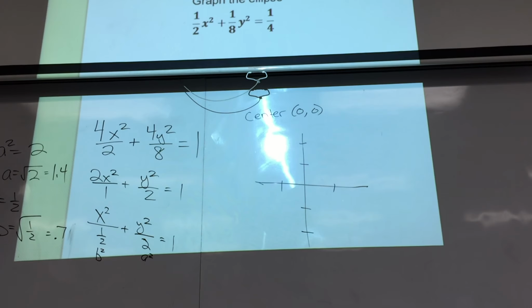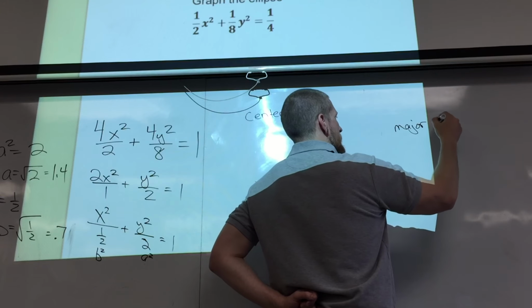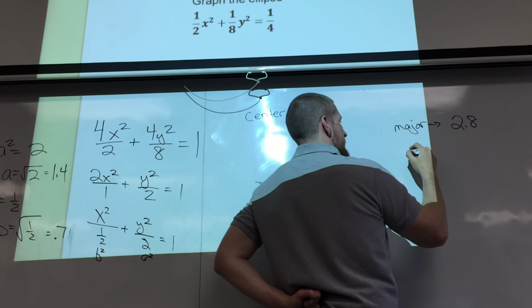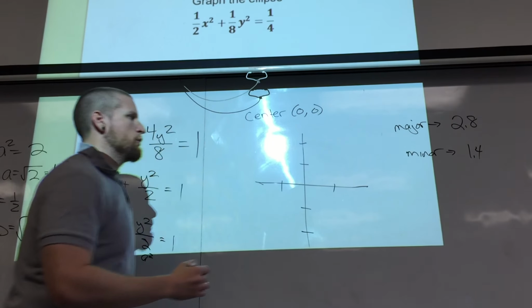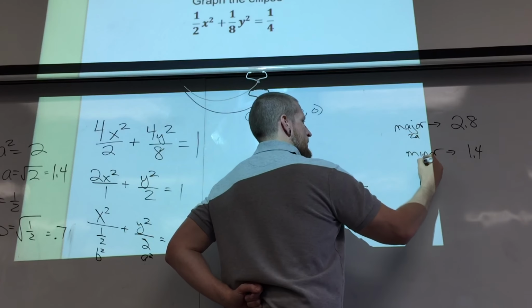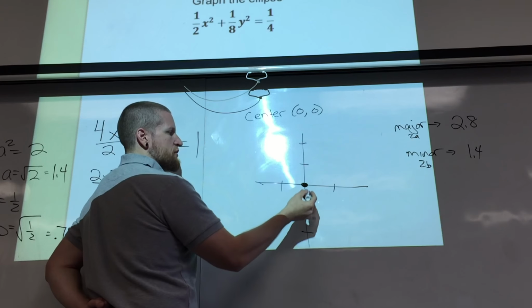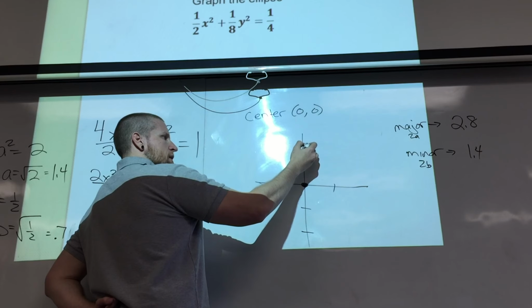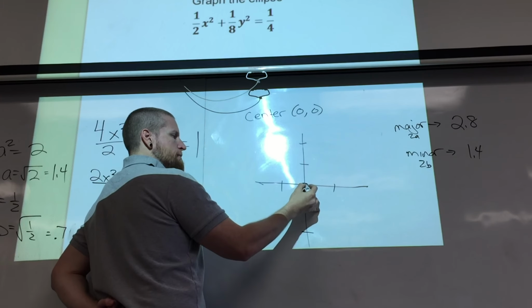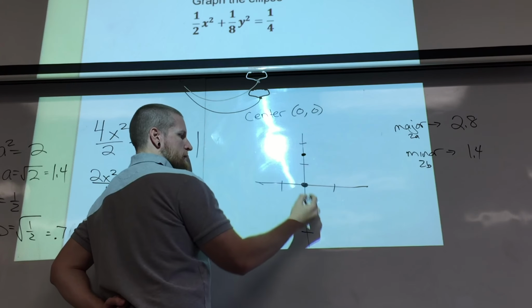So that means that my major axis has a length of 2.8. The minor is a length of 1.4, right? This is 2A, that's 2B. Here's my center point. When you graph this, all you have to remember is the distance on the major axis you would go is only going to be a length of A. So A is 1.4, so I'll say it's about right there.